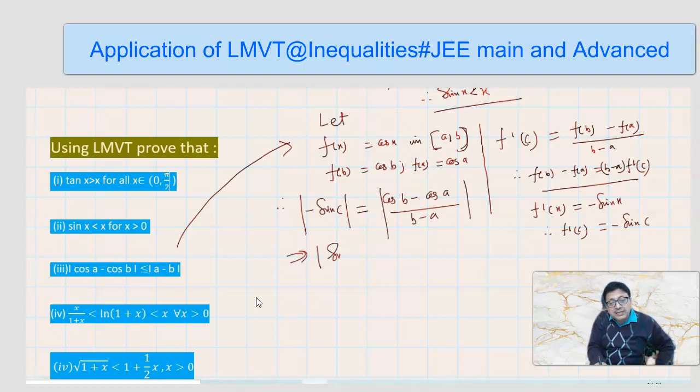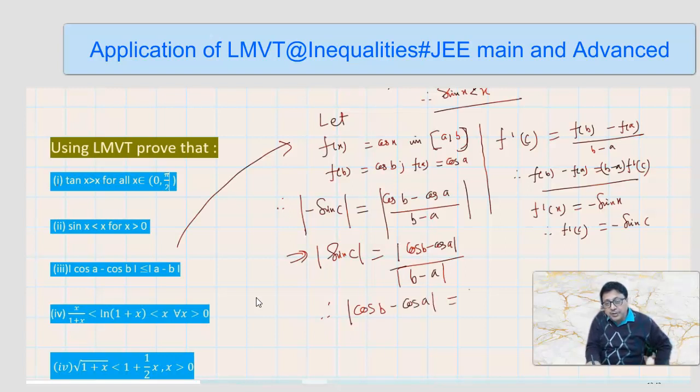It is mod sin C. And the modulus of a quotient is equal to the modulus of the numerator divided by the modulus of the denominator. So cross multiply, mod of cos B minus cos A will be equal to mod of B minus A into mod of sin C.